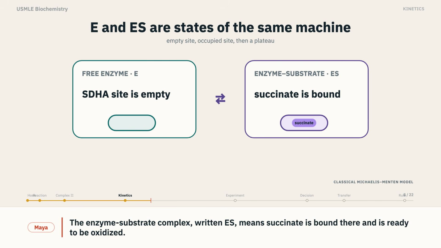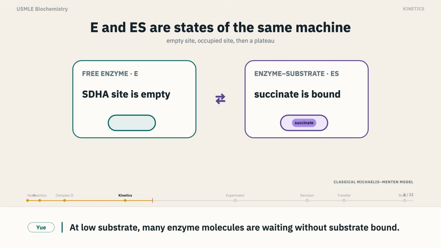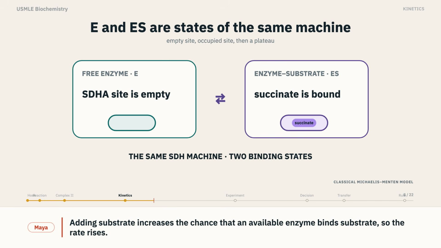The enzyme substrate complex, written ES, means succinate is bound there and is ready to be oxidized. At low substrate, many enzyme molecules are waiting without substrate bound. Adding substrate increases the chance that an available enzyme binds substrate, so the rate rises.